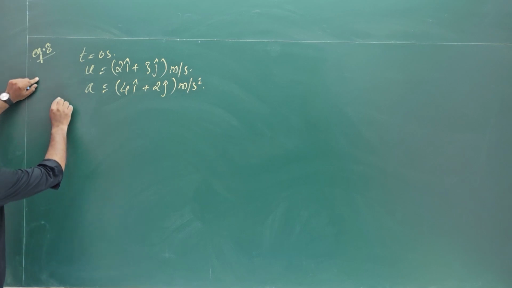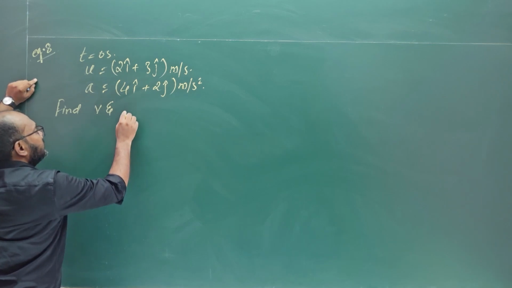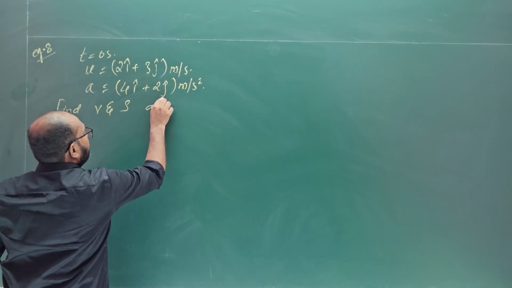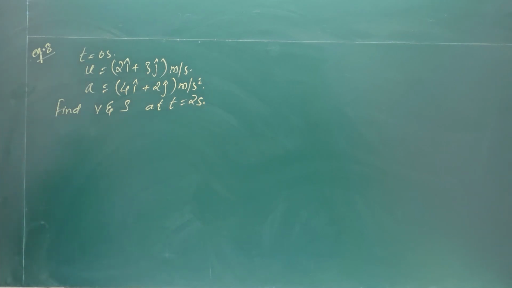Find velocity and displacement at t equals 2 seconds.